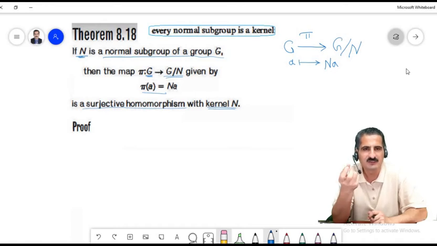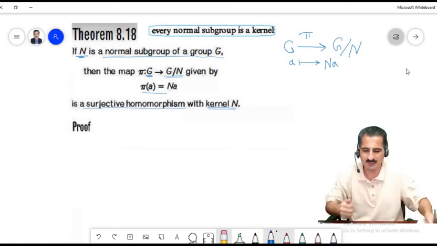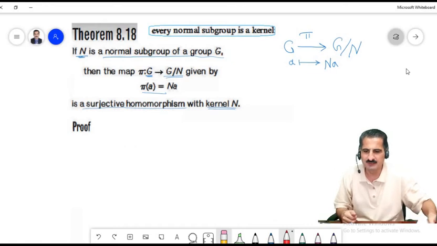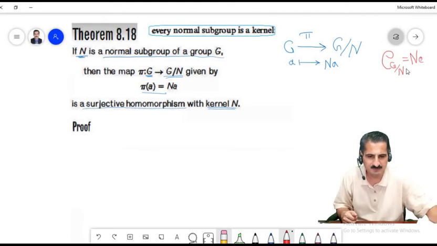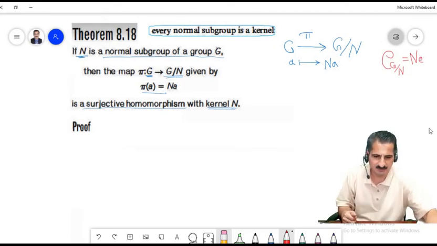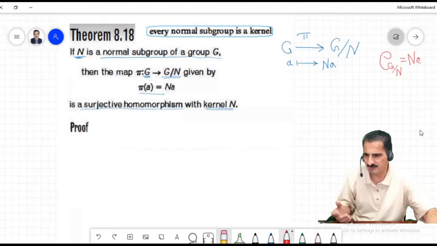Now the question here: which element goes to the coset N, or the coset of N with respect to e?